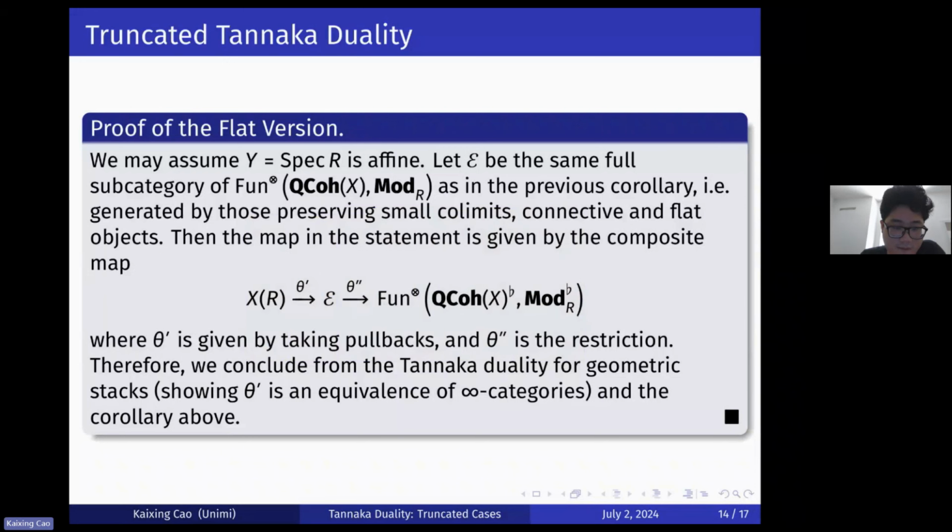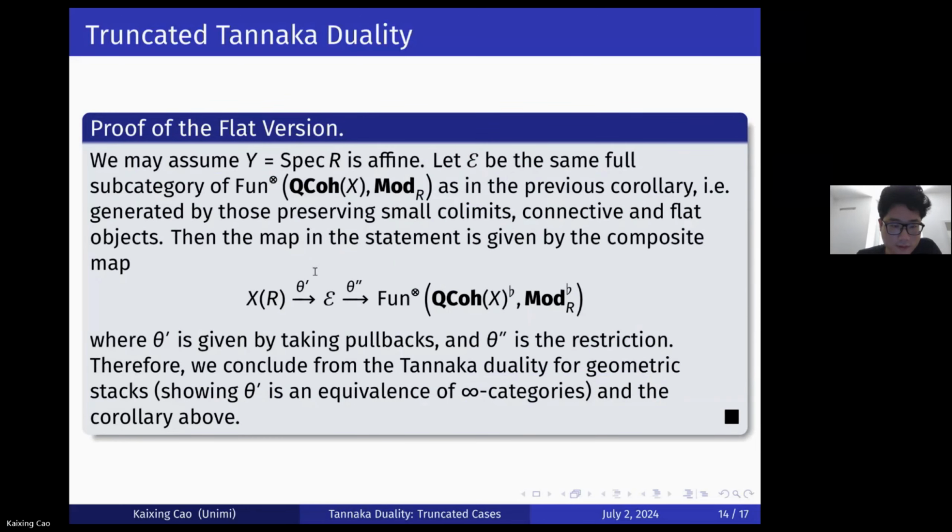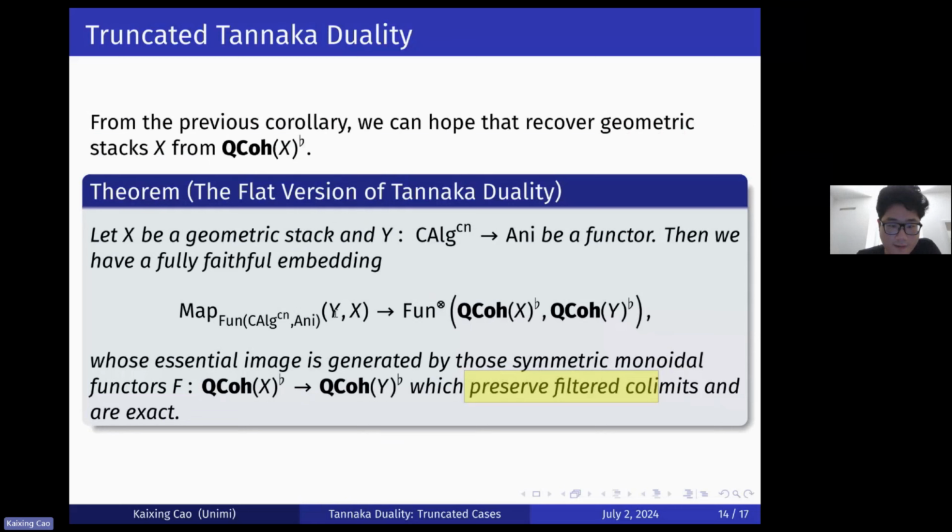And the Tannaka duality for the geometric stack told us this is an equivalence. And for the second functor, it is given by the previous corollary, because E is just described in the previous corollary. It shows that the second functor is fully faithful, and the essential image is described as in the theorem, preserving the filtered colimits and being exact. So now we can recover the geometric stack from the flat quasi-coherent sheaves.